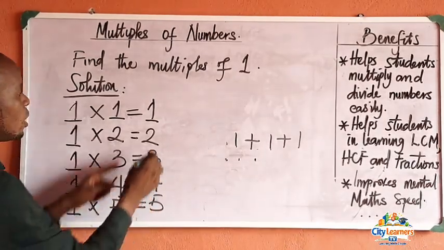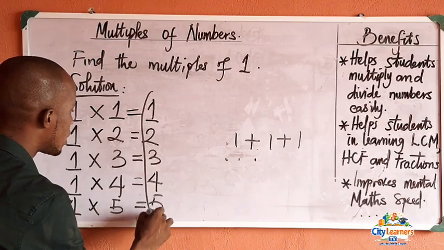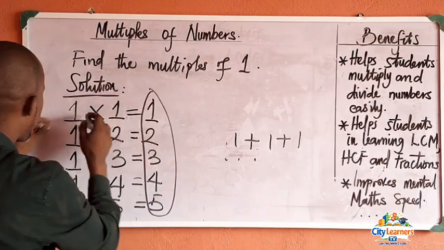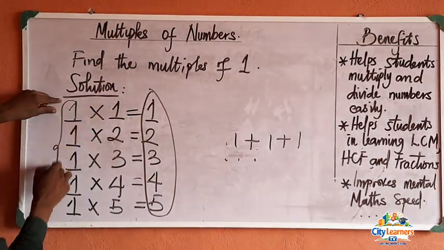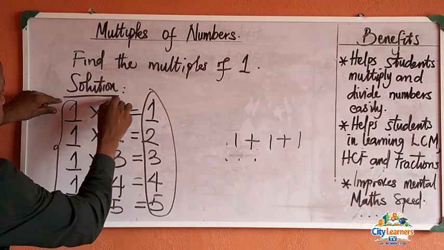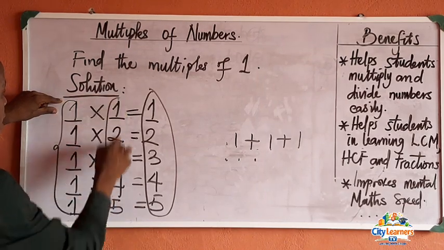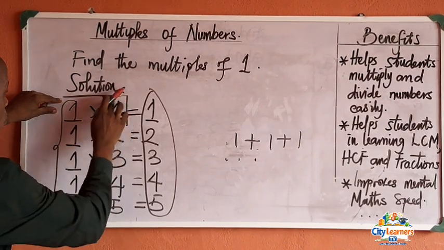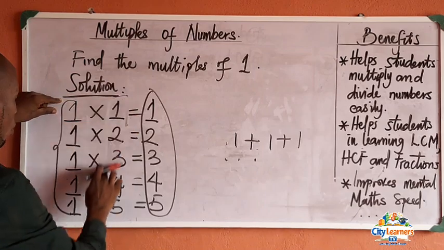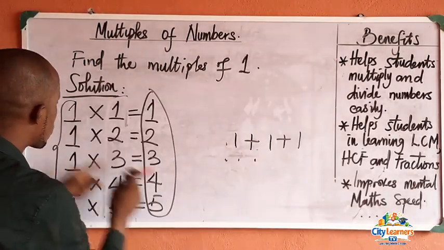5. So these results that we get when we multiply the given whole number by whole numbers beginning from 1 upward is what we call the multiples of 1.